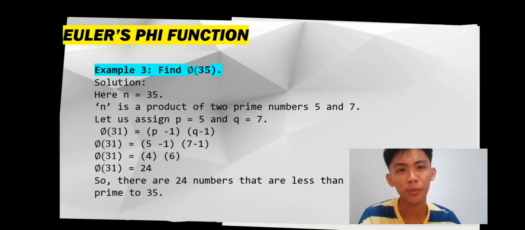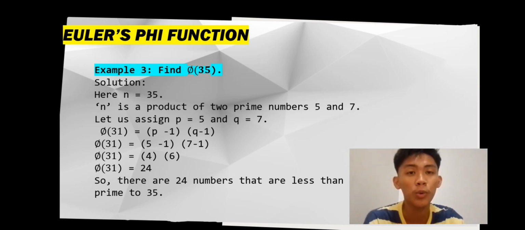The first step we need to do is to factor 35 using prime factorization. If we factor 35, the answer will be 5 and 7, and 5 and 7 are prime numbers. So our p here is 5 and our q here is 7. Now we substitute them to the formula.